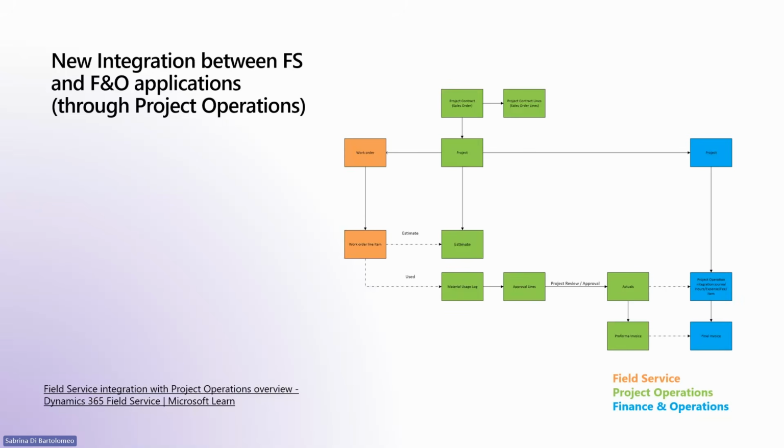After the field work is completed and the product or service line is marked as used, the system calculates the final prices based on the recorded work details. The consumed items and services are recorded as material usage logs. In project operations, material usage logs show the basic use of materials and services.